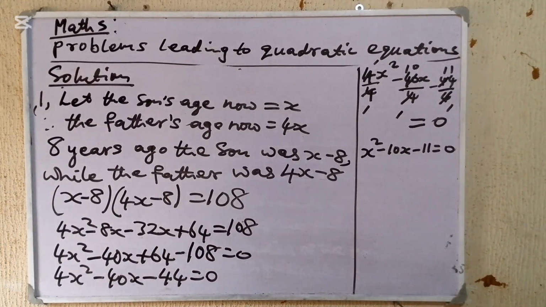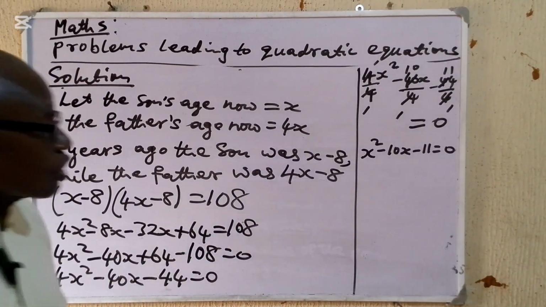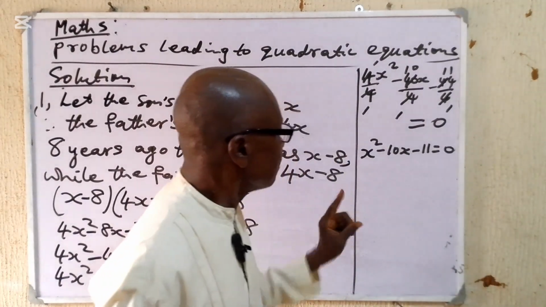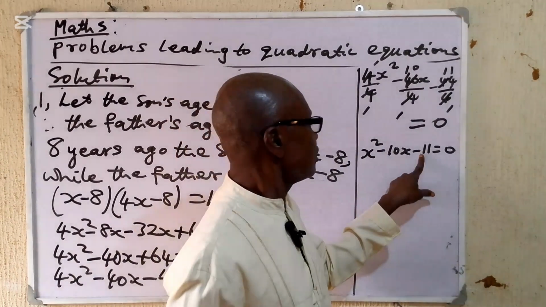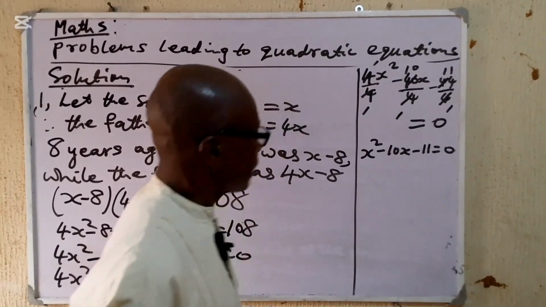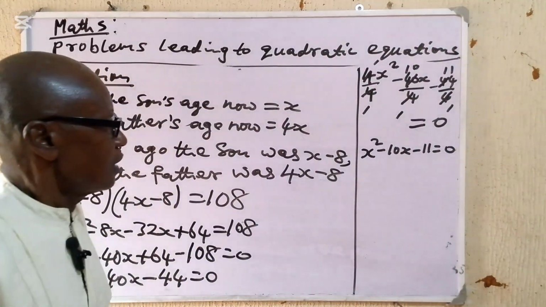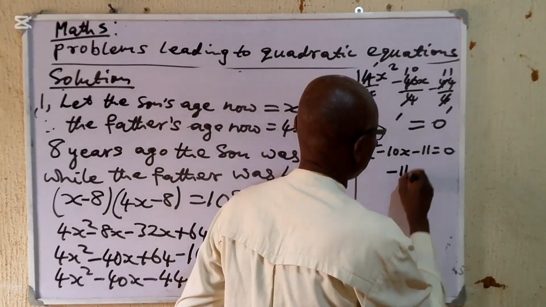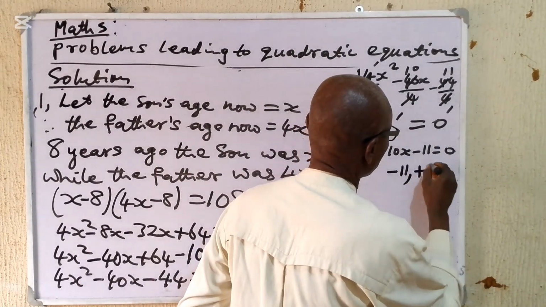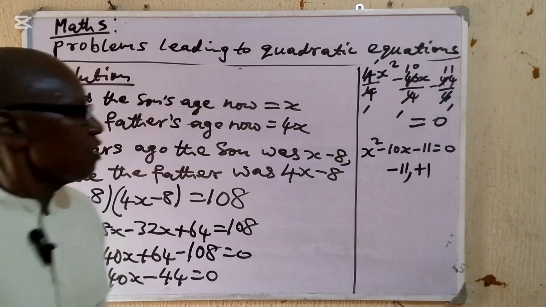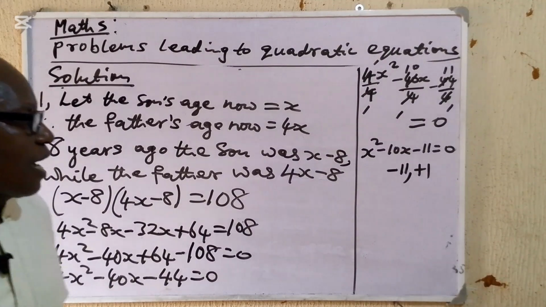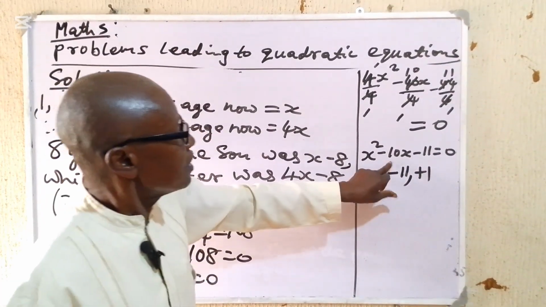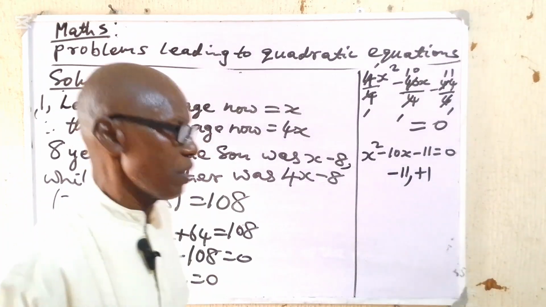But I think we can use factorization. A situation whereby we find two values that will multiply themselves to give you minus 11, and when you add or subtract, you get the middle number. And the two numbers should be minus 11 and plus 1. And these numbers are the coefficients of x. So we'll now break this down to involve these two numbers.